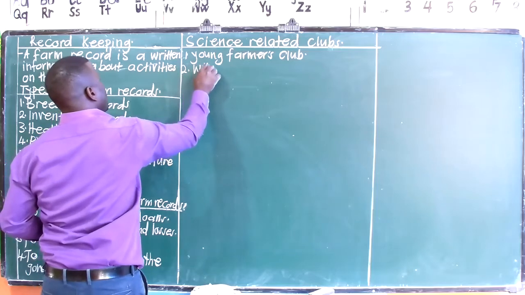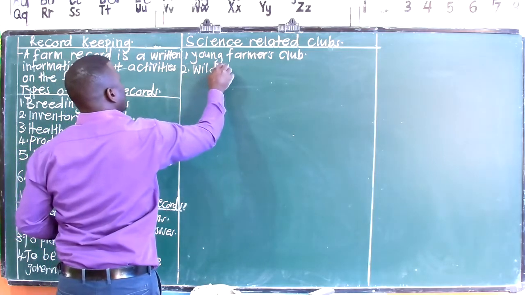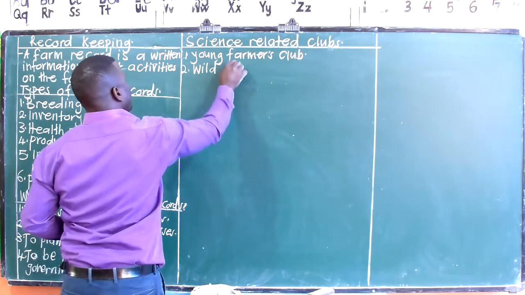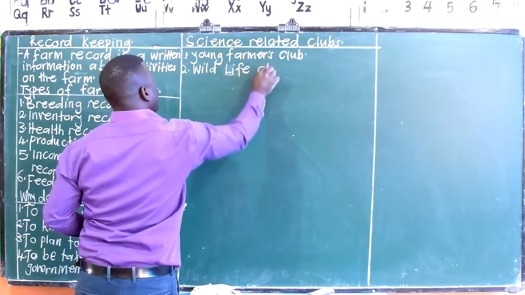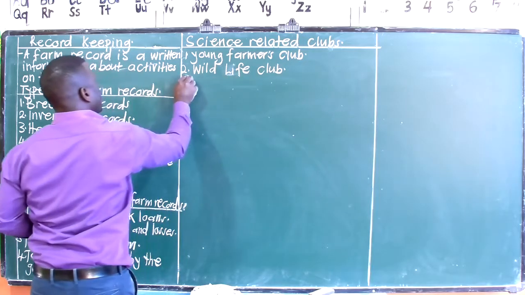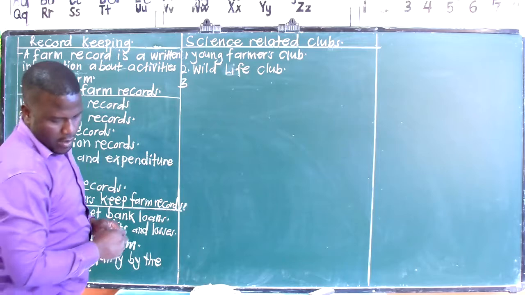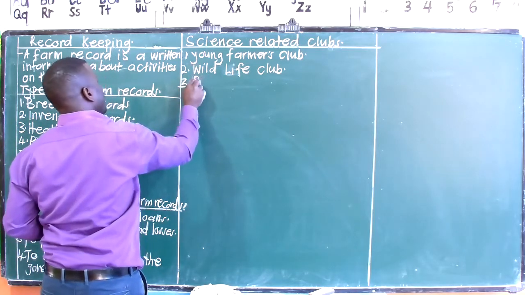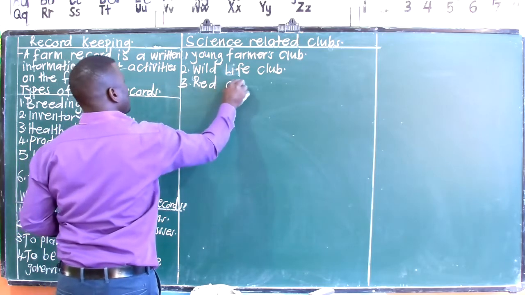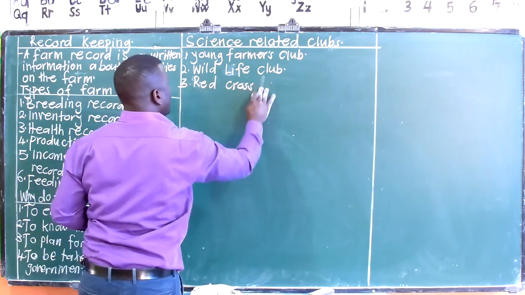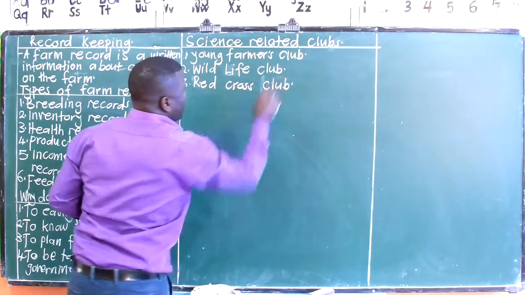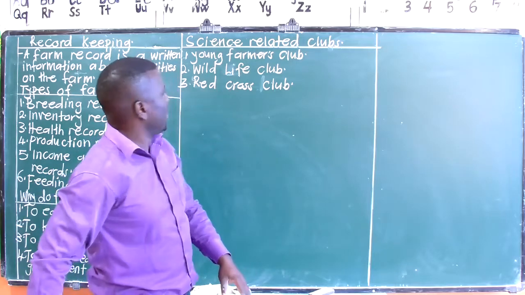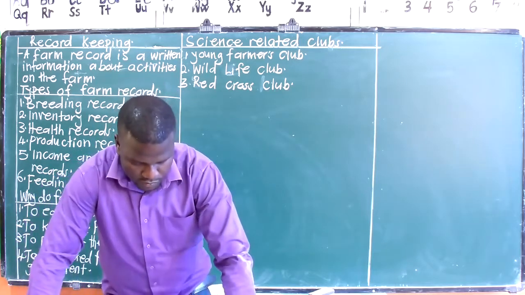Number two, we have Wildlife Club. Then three, we have Red Cross Club. So those are science-oriented or related clubs in schools.